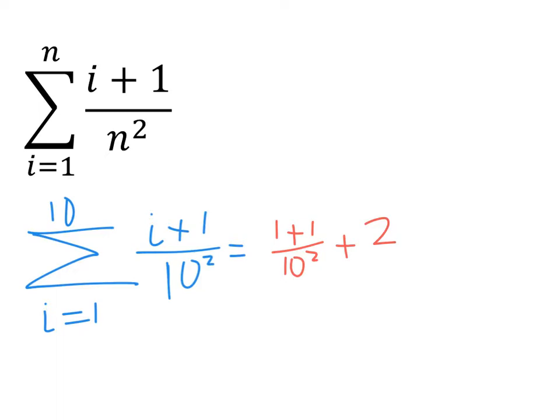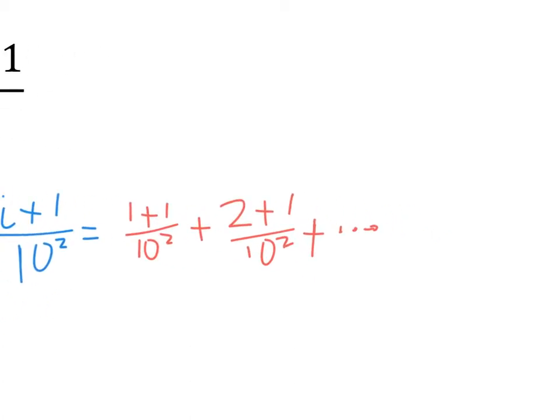We get 2 plus 1 over 10 squared. Then when i is 3, that's the next one. We're counting our way up to 10. 3 plus 1 over 10 squared, and so on, dot, dot, dot. And then this whole thing ends when i is 10, 10 plus 1 over 10 squared.